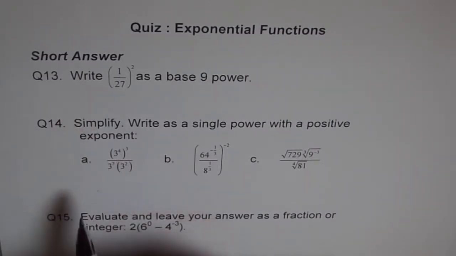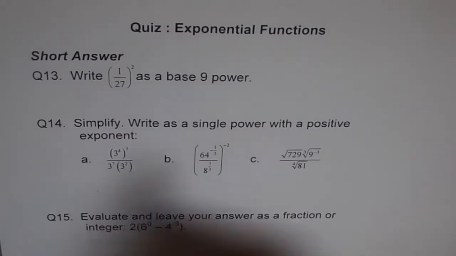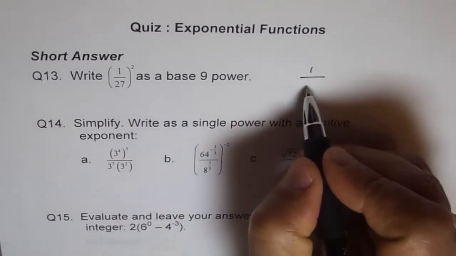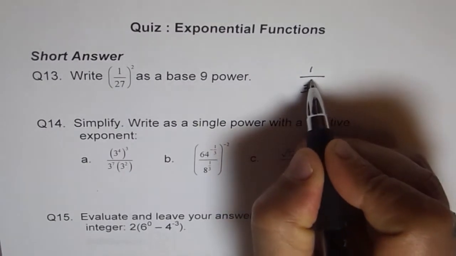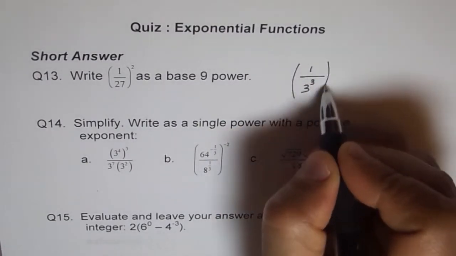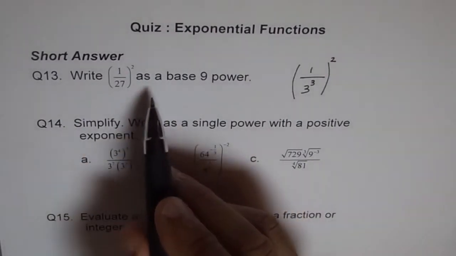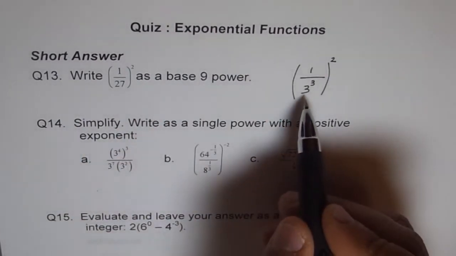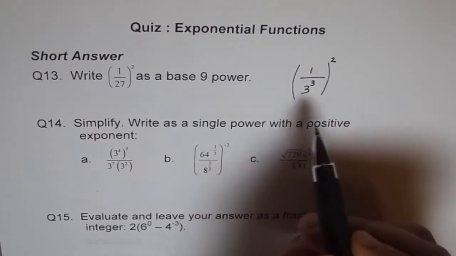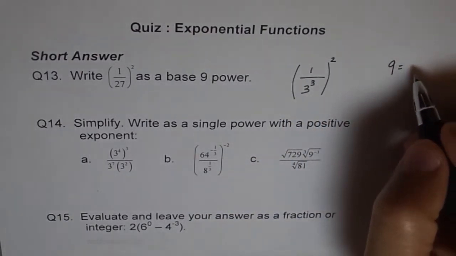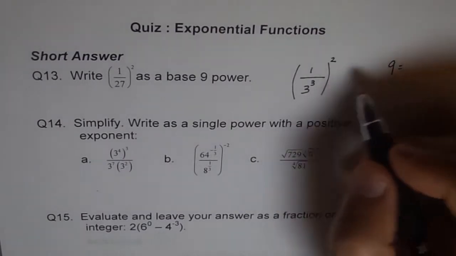Now for this question, 1 over 27. So 27 can be written as 3 to the power of 3, right? So we can write basically 27 as 3 cubed. And how do you write base 9? 9 is 3 square.